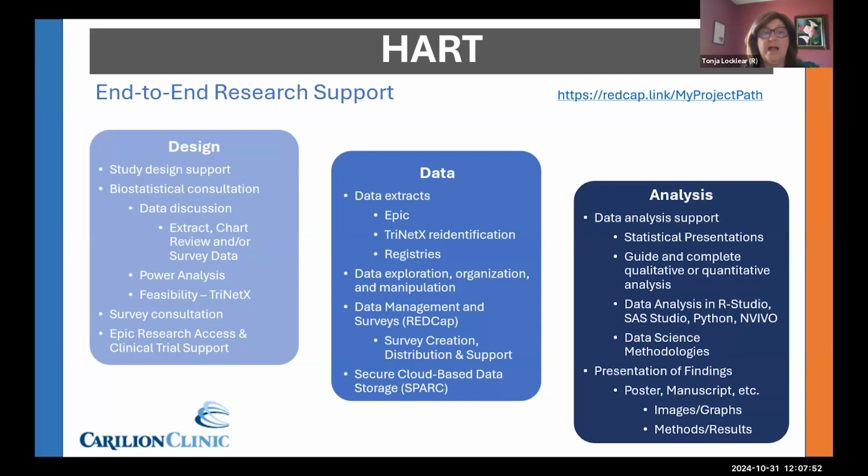We have information on there about R&D, the IRB. We have information about study designs. We have some biostatistical videos that are available in case people wanted to go back and look at some information regarding how to do a t-test or how to do a chi-square test using SAS Studio, things like that.